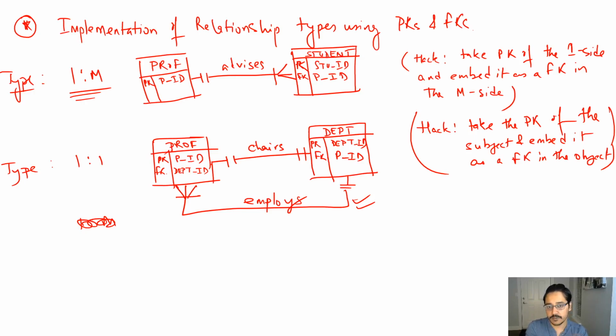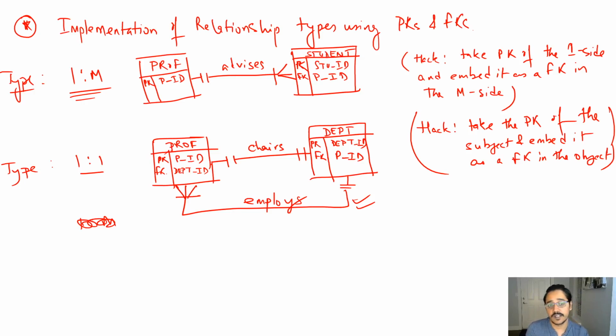But if it is just 1 is to m and 1 is to 1, which is the direct physical implementation, yes, take the one side, put it in the m side, and then you have many more different guidelines or heuristics for 1 is to 1. I don't remember that from the top of my head. You can read it in your book, but what I will give you as an advice is just try to identify in a relationship which entity is the driver. You take the primary key of that entity, and then you embed it as a foreign key in the other entity, and then your job is done. Okay.